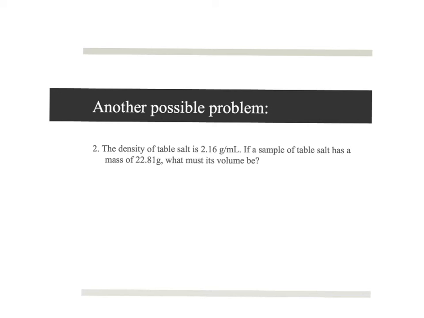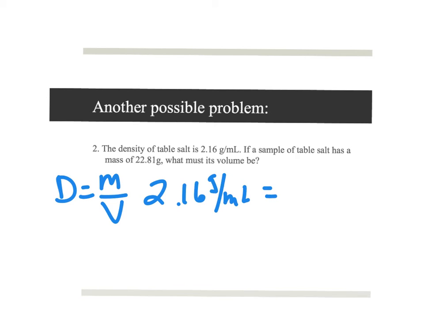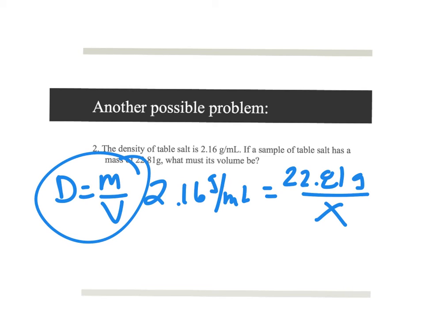Another way that you could look at this is if you have a density of table salt of 2.16 grams per milliliter, and the sample of table salt has a mass of 22.81 grams, what must its volume be? So again, if density equals mass over volume, you could plug in that way: 2.16 grams per milliliter equals 22.81 grams over x. Or you could take this right here and isolate your volume. So density over mass would equal volume.